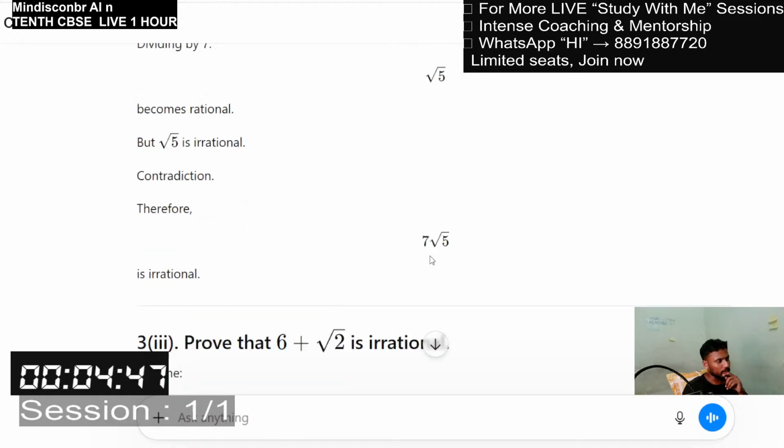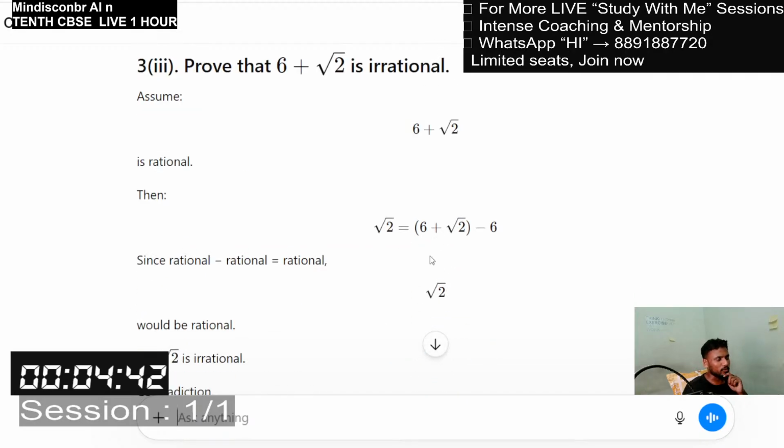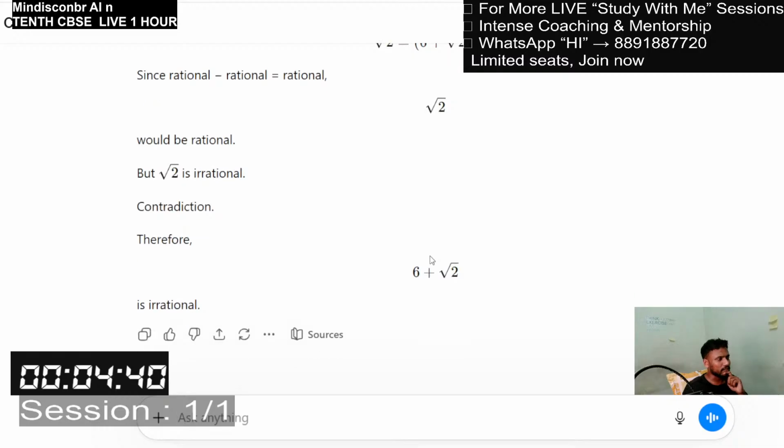Here ChatGPT does not have the feature to write a by b for fractions. That's why it is given to us on this monitor.